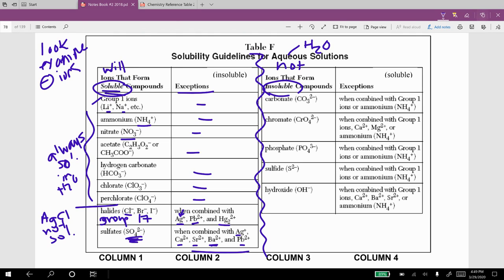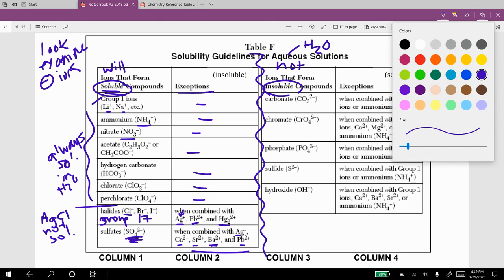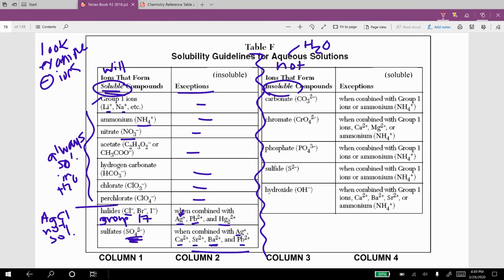So let's take a peek at the carbonates here. Let's change color. If it won't dissolve, let's go with red. Insoluble. Carbonates are insoluble, except if it's with group 1 or an NH4, which goes with over here. So how do I know?